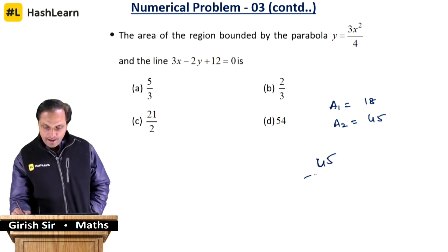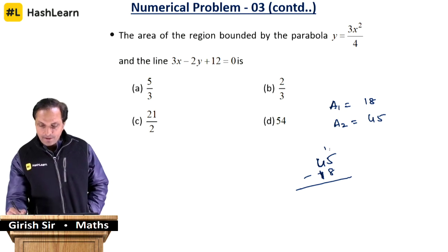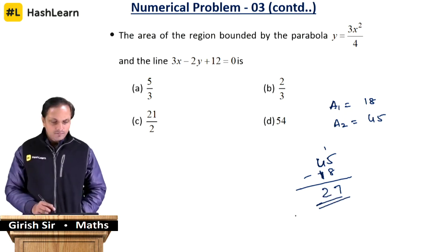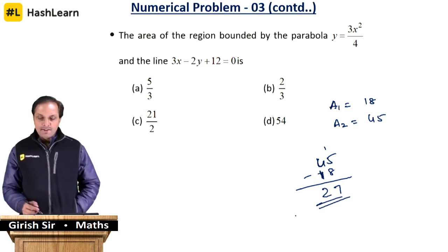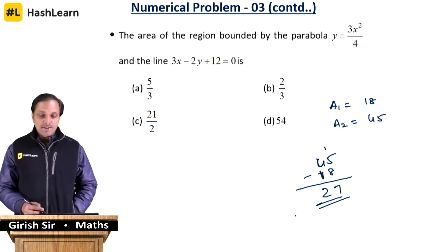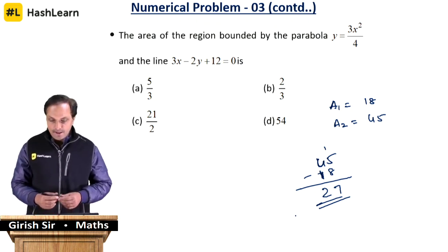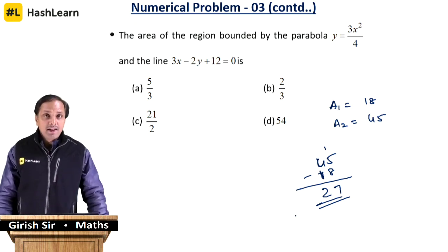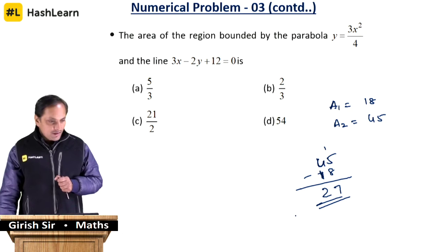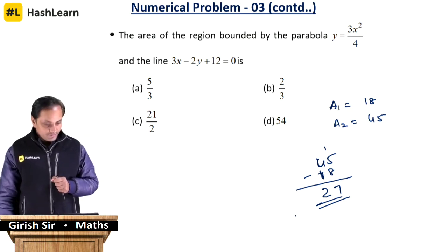That is 45 minus 18, you do it, that will give you 27. So you can do the changes in the options given there. Always your area will be bigger area minus smaller area. Fine then. So let us go to the next problem.